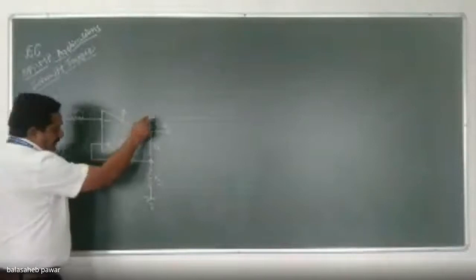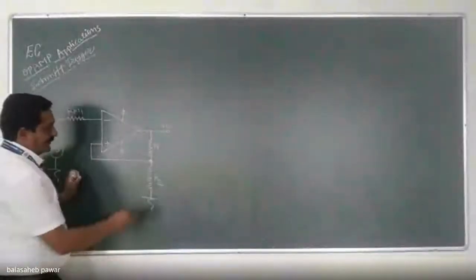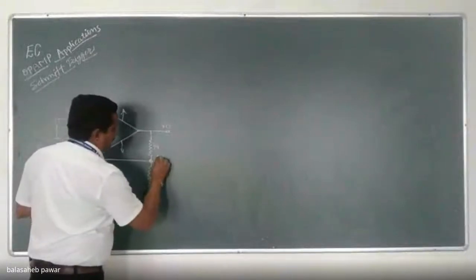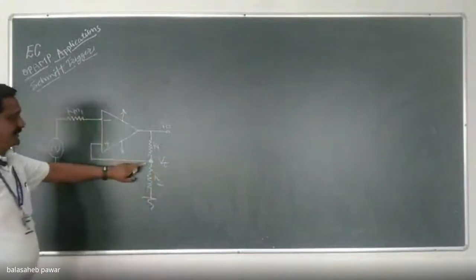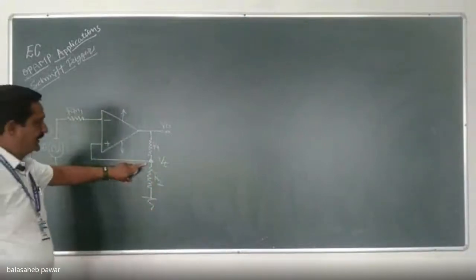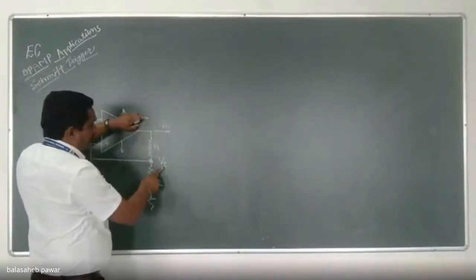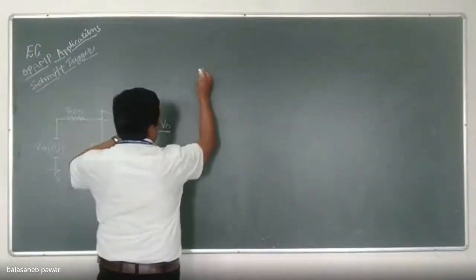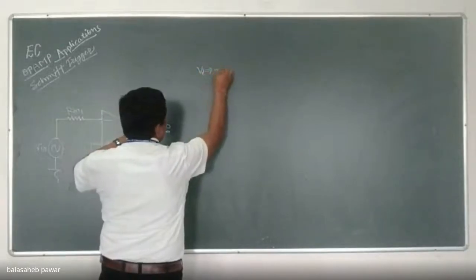So by that plus Vsat output, whatever node voltage we have, in general, is known as Vt, threshold voltage. This node voltage is known as Vt. Okay. So if that initial output is plus Vsat, that Vt will be positive.